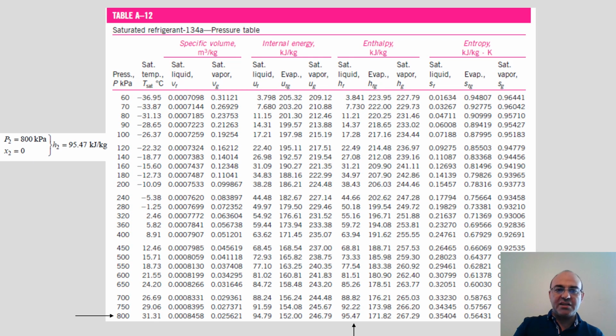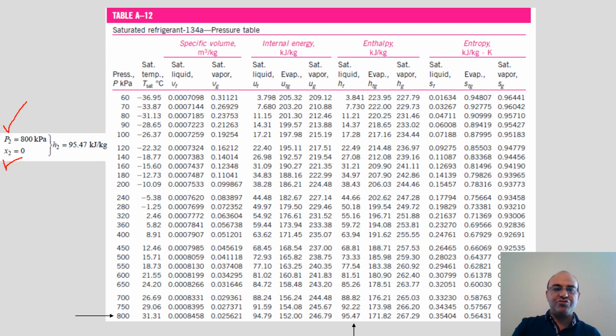And the last thing that I'd like to talk about is how to find the enthalpy at the exit of the condenser. At the exit of the condenser, the pressure was given as 800 kilopascals and the quality was given as 0. It means that we are looking at a saturated liquid condition.